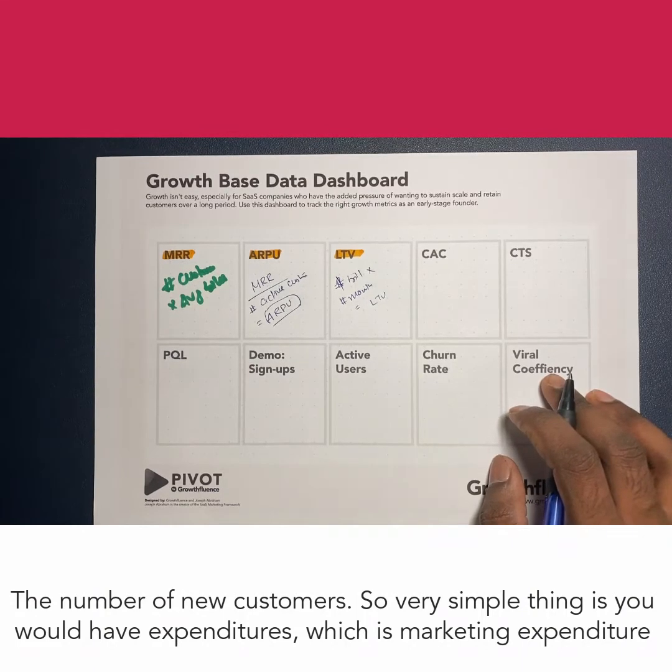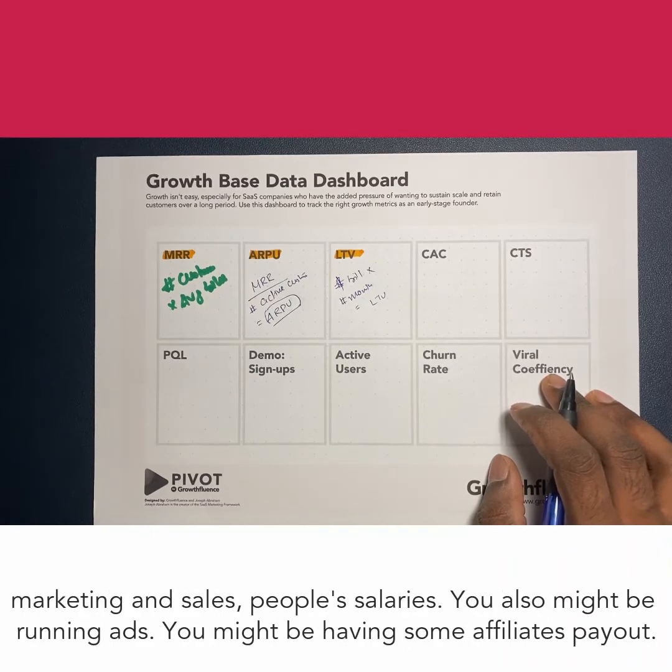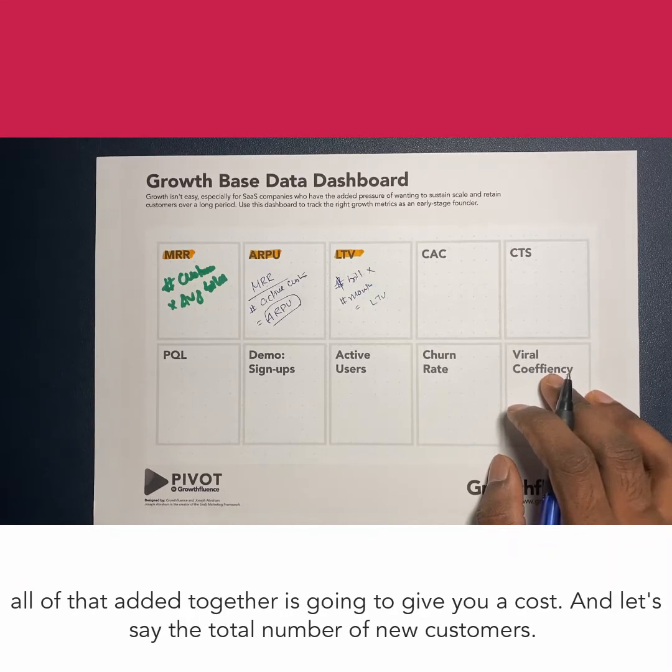So very simple: you would have expenditures, which is marketing based expenditure, marketing and sales people's salaries, right? You also might be running ads, you might be having some affiliate payouts. All of that added together is going to give you a cost.